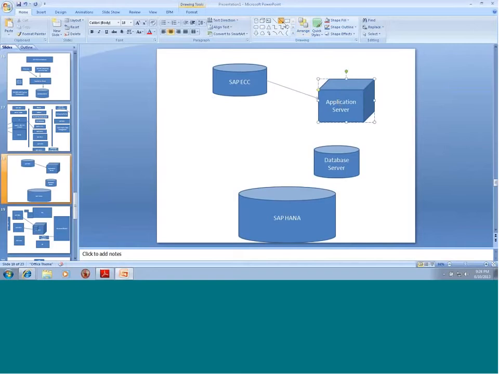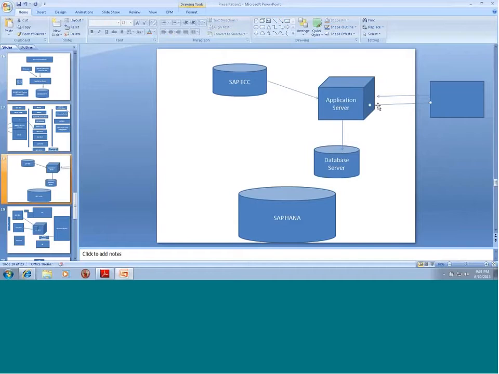It comes to the application server and then it moves into the database server to actually store in the database. When a query runs, the query definition goes to the application server, but the actual data is transferred from the database server into the application server, and then the data is brought back for reporting.